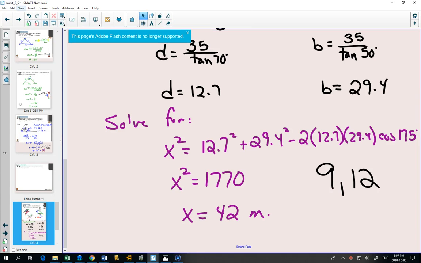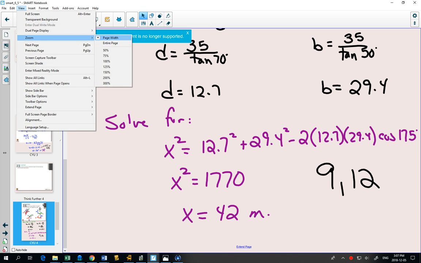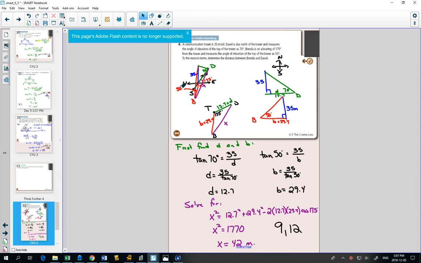I'm going to just take your screen here. Let's look at the entire page and recap what we did. Okay, so looking at the entire page, we drew a three-dimensional picture to get an idea of what was happening. We broke down the three-dimensional picture into the three triangles that were involved.